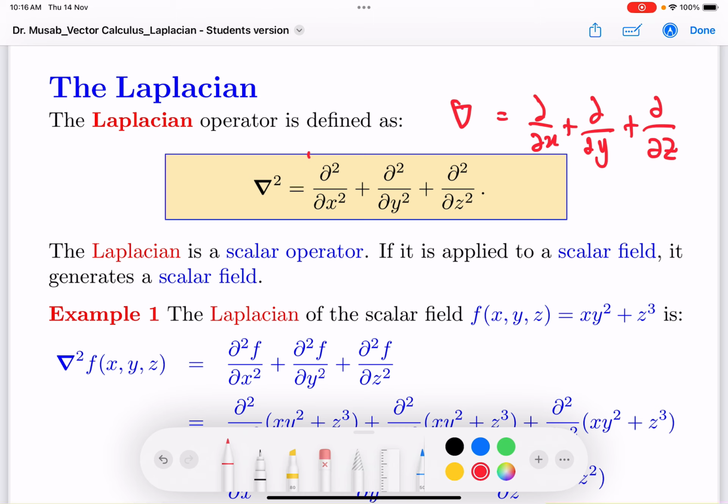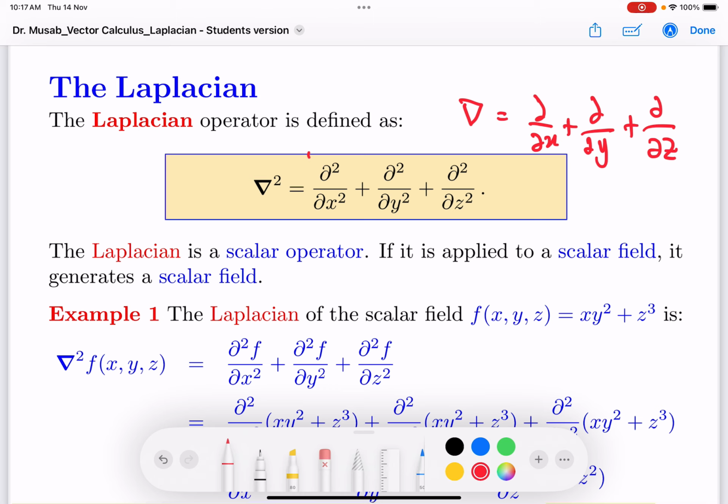So from there you will get the divergence of your vector. It will give you a scalar quantity. It is not a vector quantity because you add up everything. There is no notation of i, j, and k.